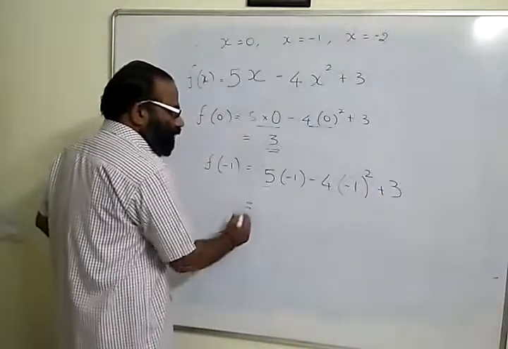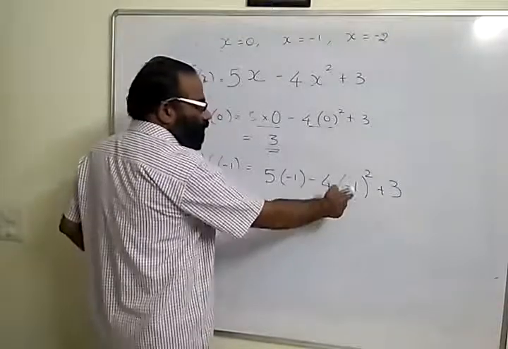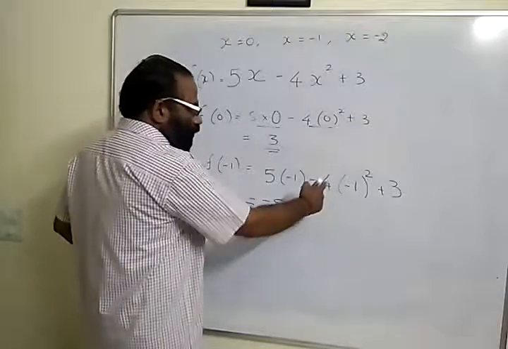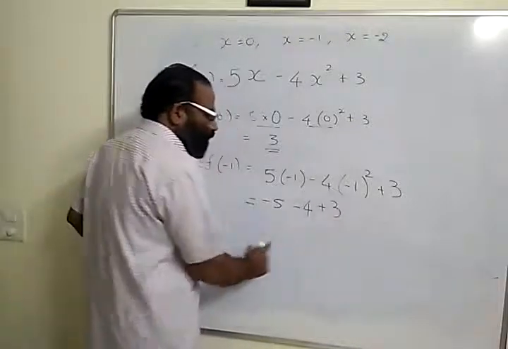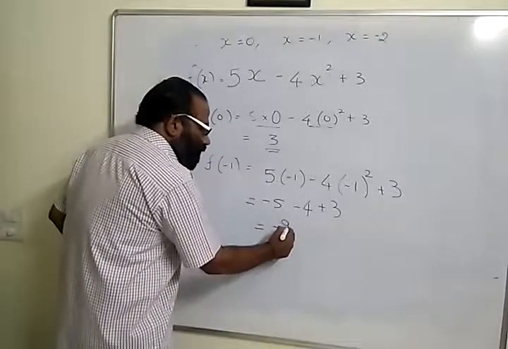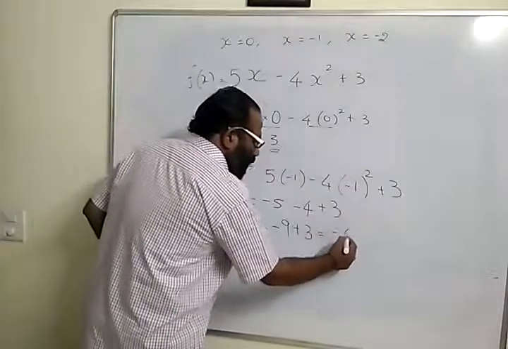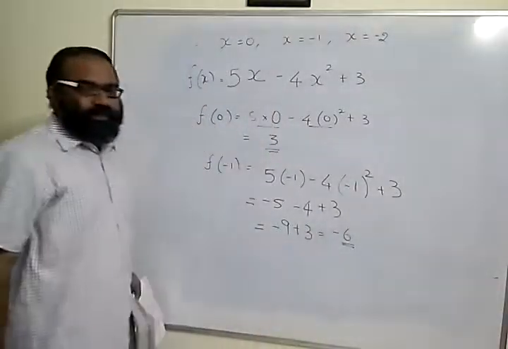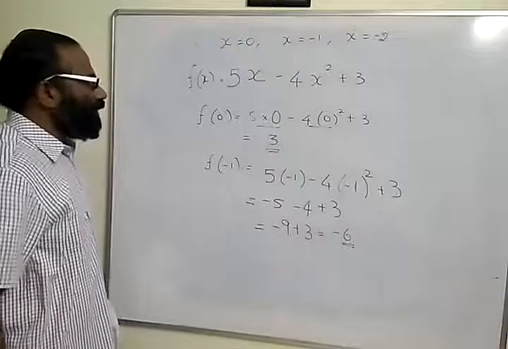So this is equal to minus 5 minus 4 into minus 1 squared, which becomes 1. So minus 4 into 1 is minus 4 plus 3. Minus 5 minus 4, when you add them, becomes minus 9 plus 3, which is equal to minus 6. So the value of f of minus 1 is minus 6.